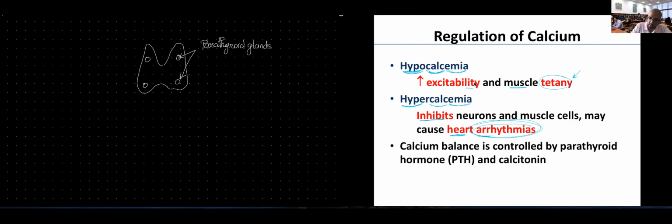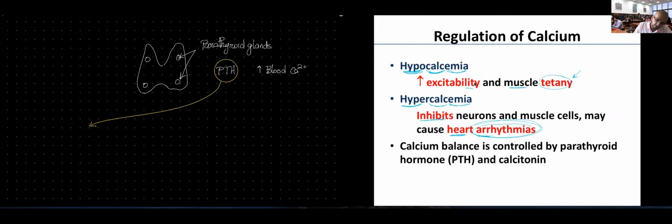Parathyroid glands are releasing a hormone called PTH, or parathyroid hormone. PTH is going to be responsible for increasing the blood calcium level. How is PTH going to increase my blood calcium level? It has three main actions.